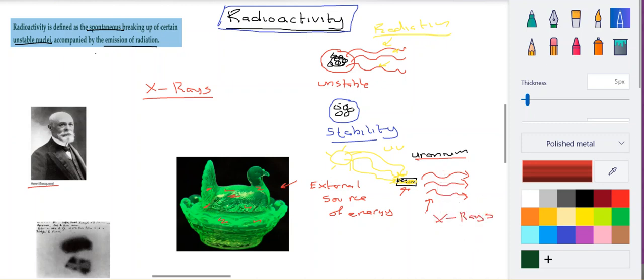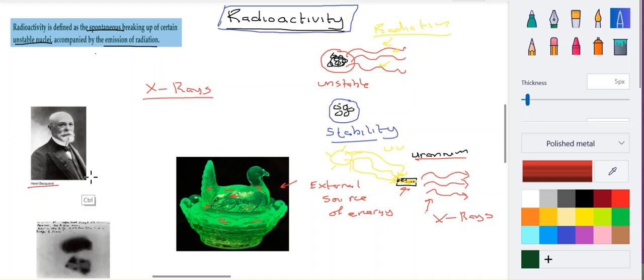So they knew about the radiation, but he was interested in finding out whether X-rays were given off when, for example, uranium salts were charged up by the sun.